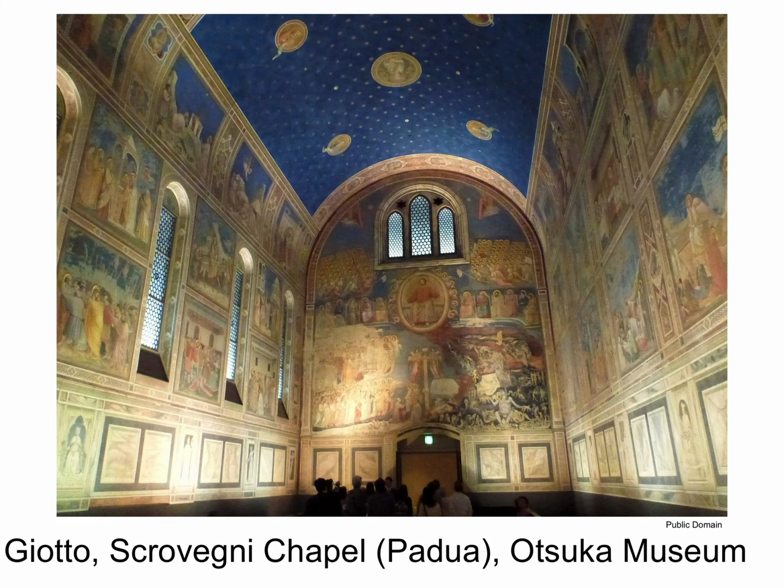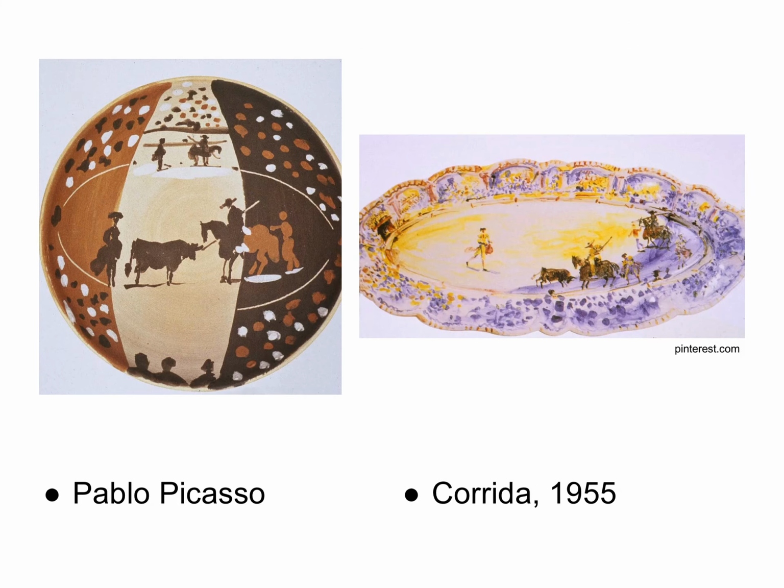The Scrovegni Chapel from Giotto, originally in Padua, Italy, here reconstructed all in ceramics at the Otsuka Museum. And then those two wonderful plates by Picasso, combining architecture with domestic objects in quite a sophisticated and wonderful way.